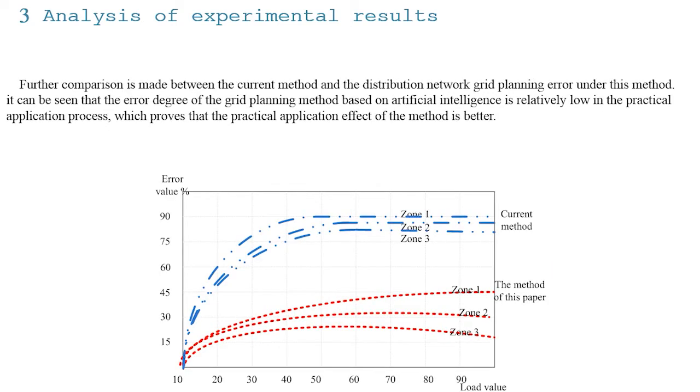Further comparison is made between the current method and the distribution network grade plan error under this method. It can be seen that the error degree of the grade planning method based on artificial intelligence is relatively low in the practical application process, which proves that the practical application effect of the method is better.